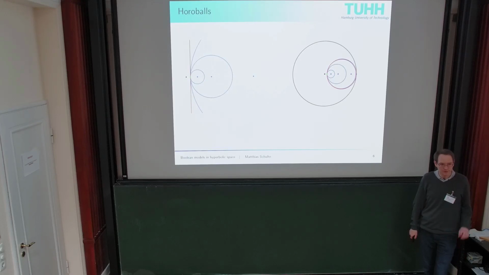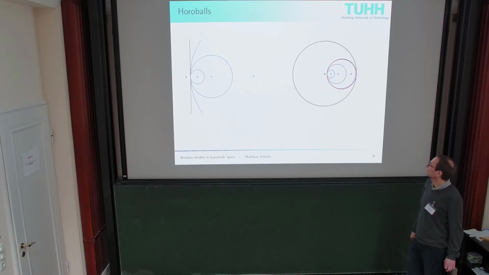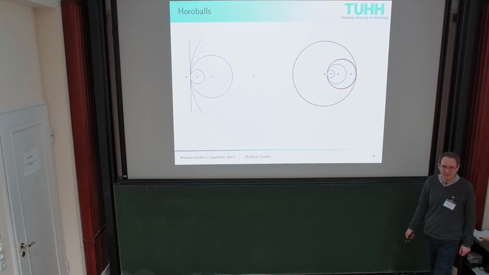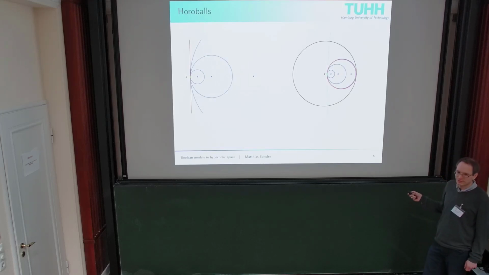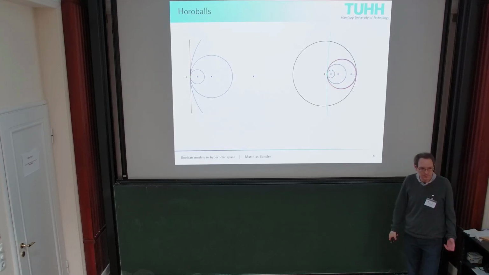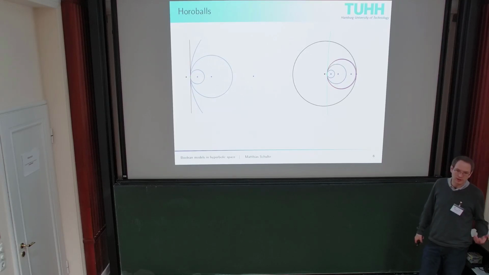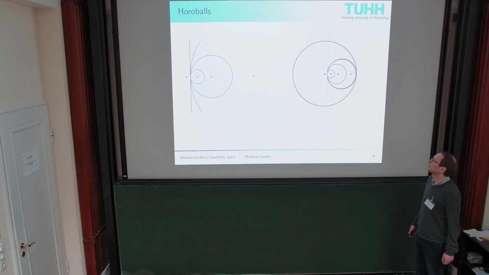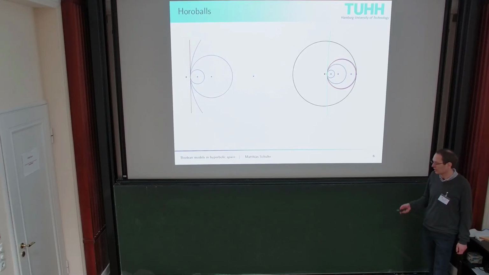And now it is very important to understand that this is something different than a half space, because the half space would be now everything to the right of this line here. So in other words, you can think of horoballs as the limiting object of a family of balls, which does not exist in that way in Euclidean space. So it's something completely new to hyperbolic space.